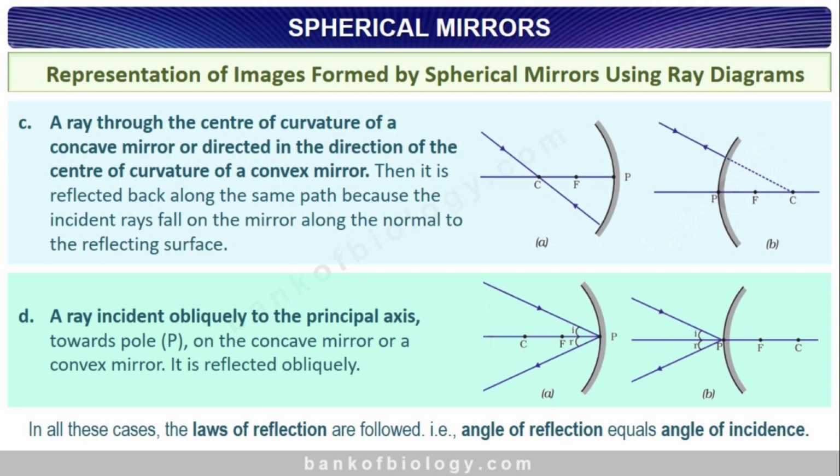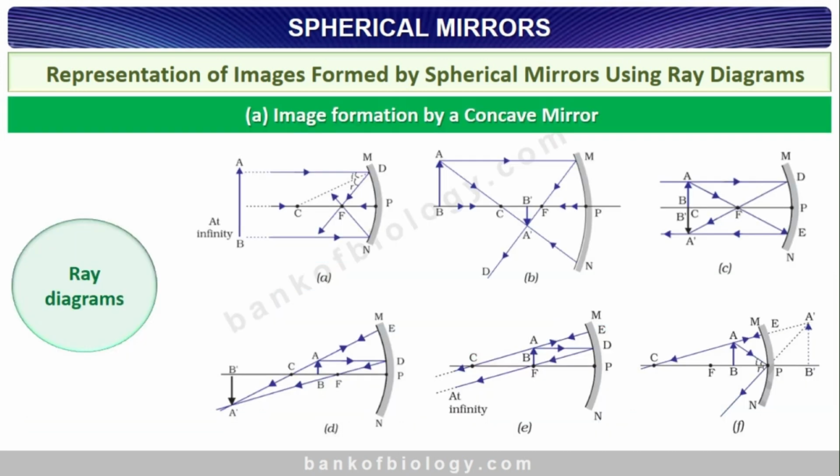A ray incident obliquely to the principal axis towards pole P on a concave or convex mirror is reflected obliquely. In all these cases, the laws of reflection are followed: the angle of reflection equals the angle of incidence.